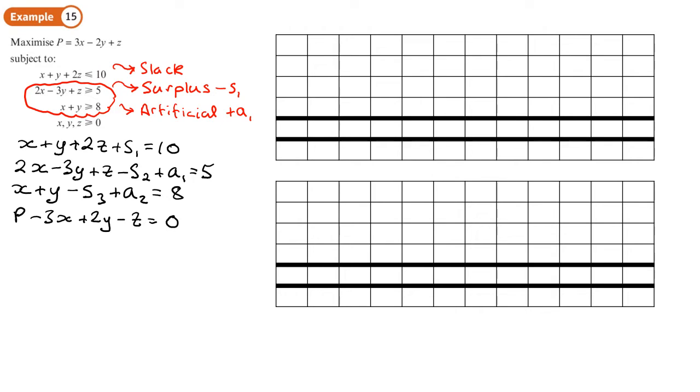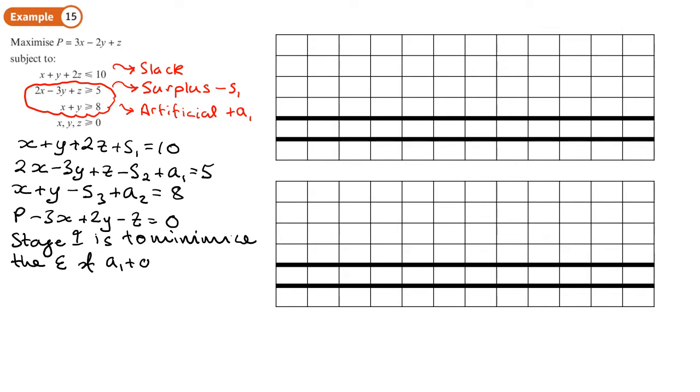And these types of problems come in two stages, and stage 1, the first stage, is going to be to minimize the sum of the artificial variables, and they are A1 and A2. So what stage 1 is to minimize the sum of the artificial variables.